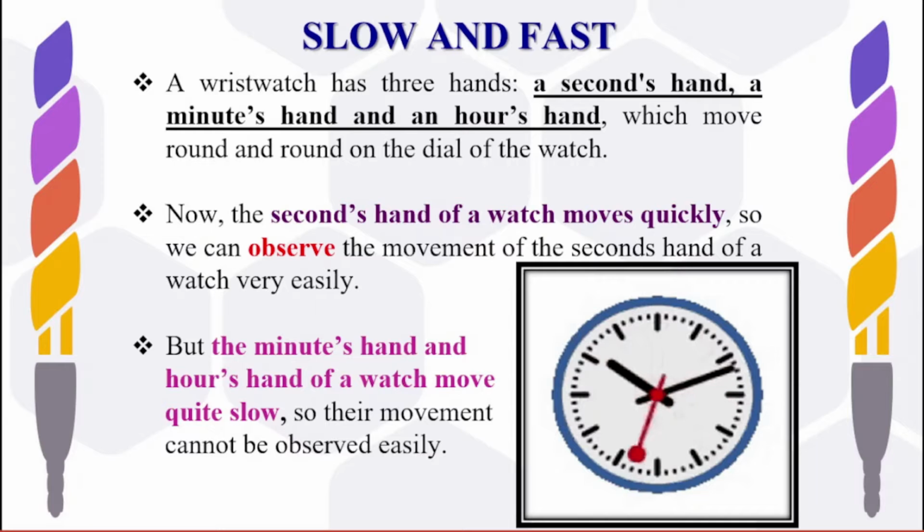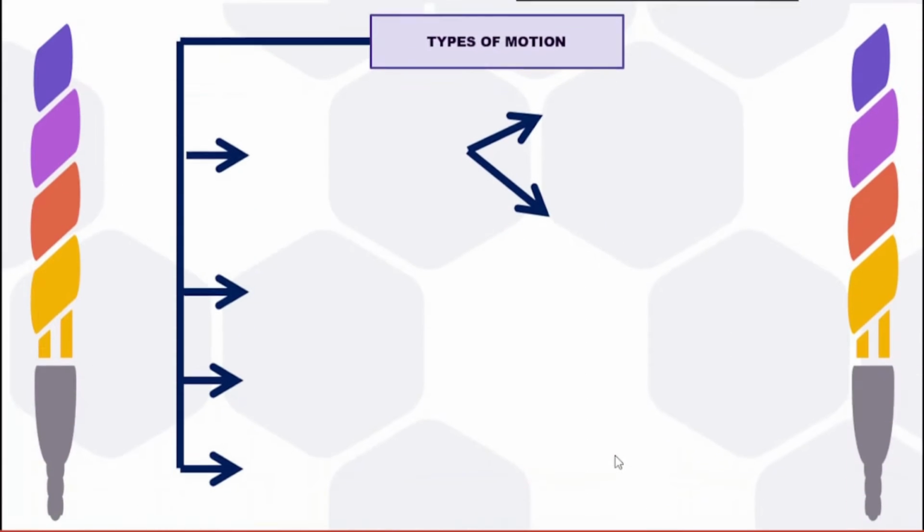Of these 3 hands, the red one, the second hand, moves fast, so we can easily see it. But the minutes hand and hours hand of your watch move very slowly, so their movement cannot be observed easily.